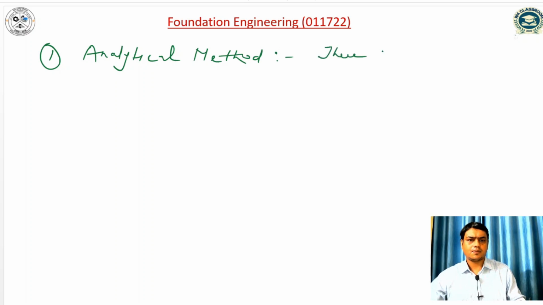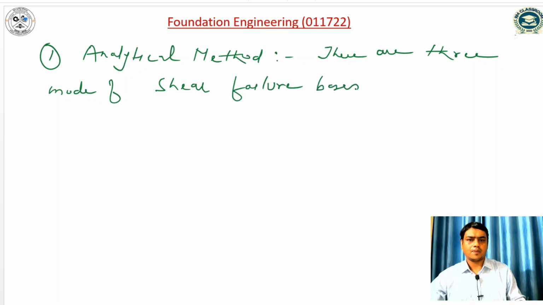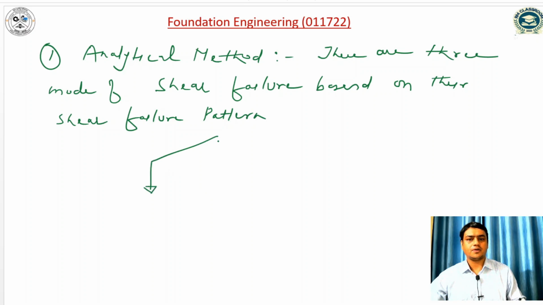There are three modes of shear failure based on their shear failure pattern. So there are three modes of shear failure based on their shear failure pattern. And what are these three modes of shear failure?